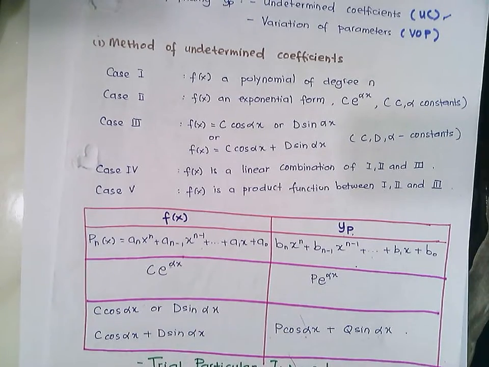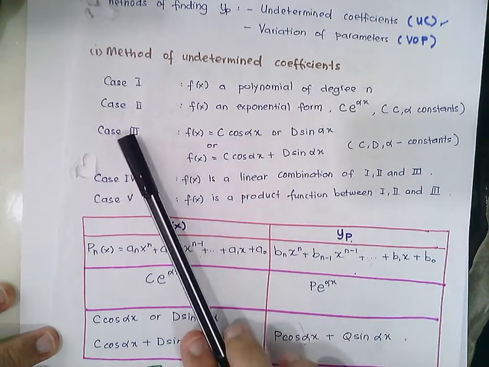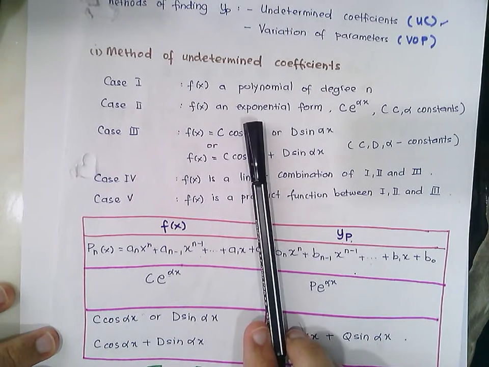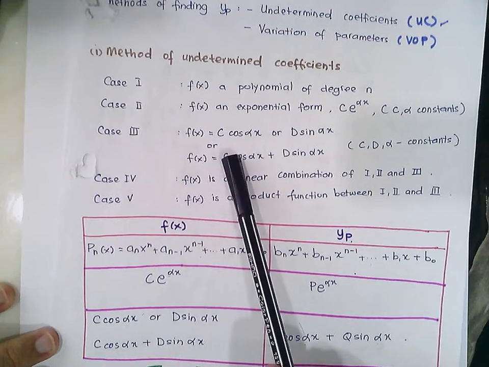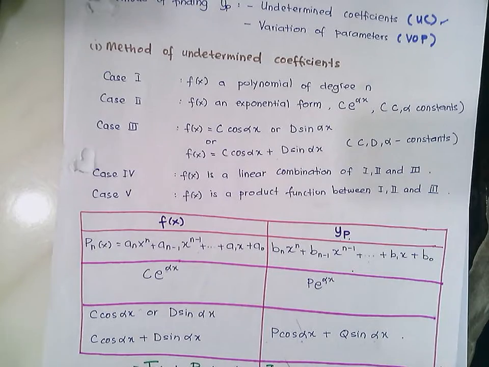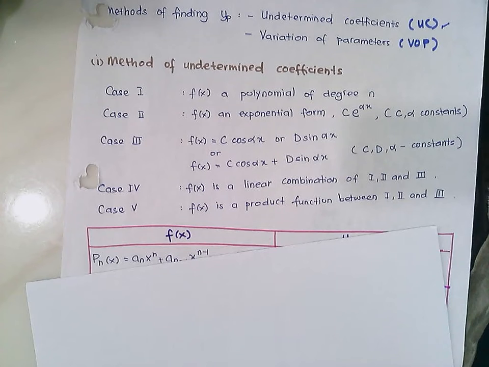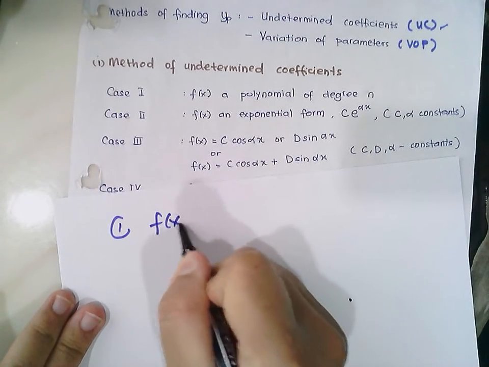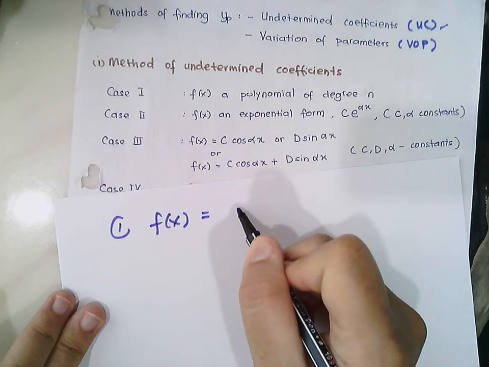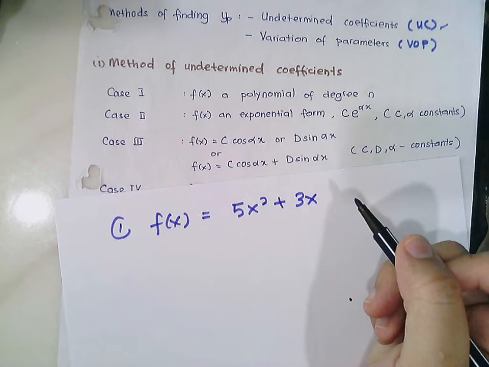Remember here, case 1, your fx is a polynomial. Case 2, your fx is an exponential function, and case 3, your fx is a trigonometric function. Let's assume this example. Say you have the first one, your fx is equals to 5x squared plus 3x.